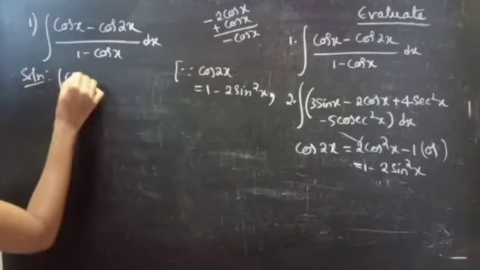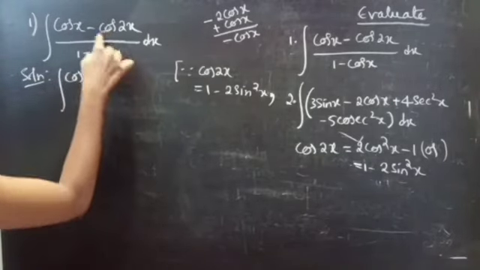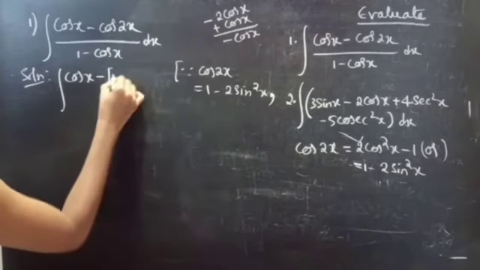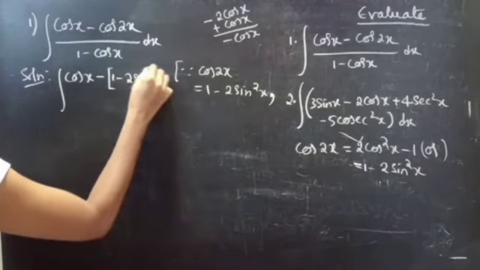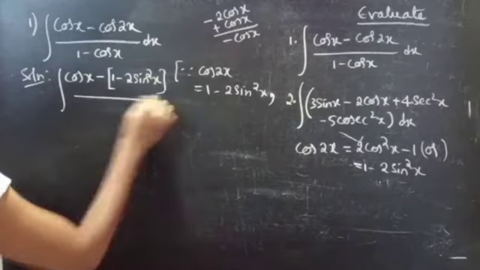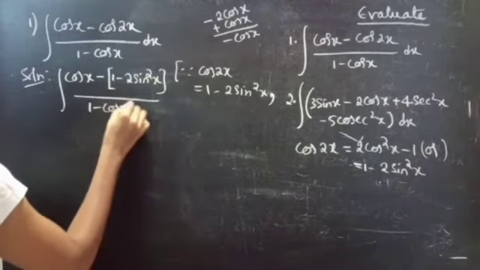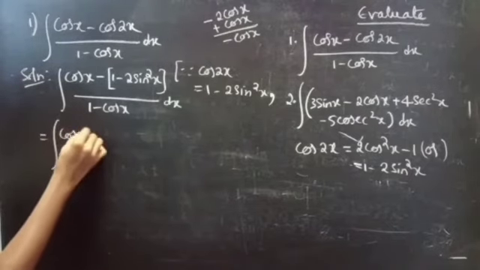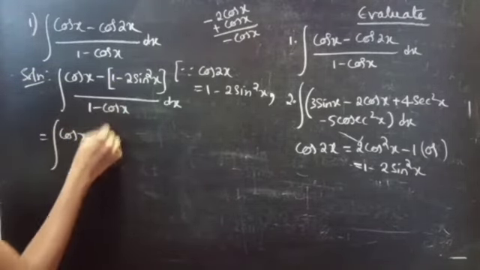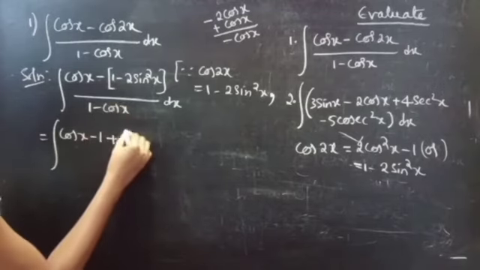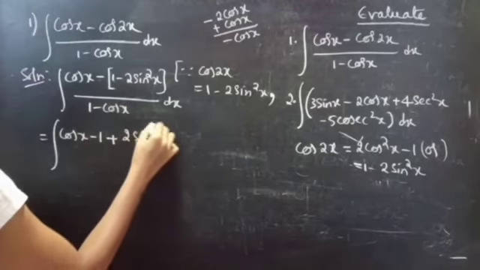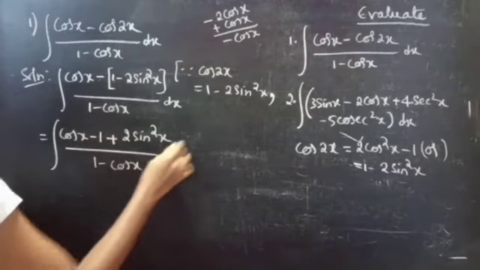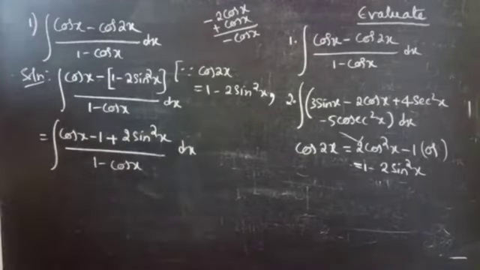So we are having integral cos x minus cos 2x, so you can replace cos 2x by 1 minus 2 sine square x, by 1 minus cos x into dx, which is equal to integral cos x minus, into 1 minus 2 sine square x, by 1 minus cos x into dx.